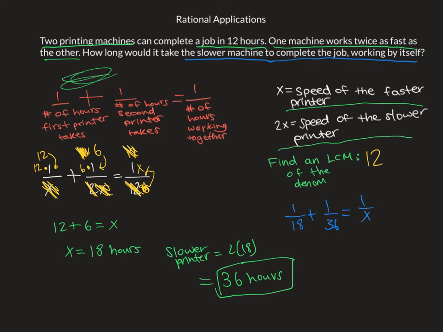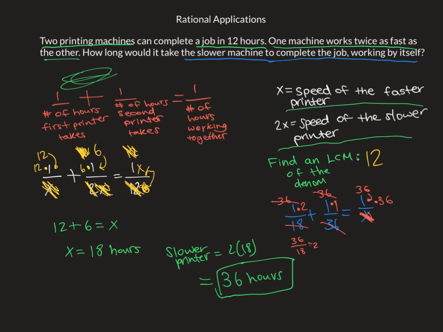So we find our LCM, which is 36. 36 cancels, and 36 divided by 18 equals 2, so we multiply that 2 into the numerator. Then the x gets canceled because you can't divide it, so it just comes over times 36.